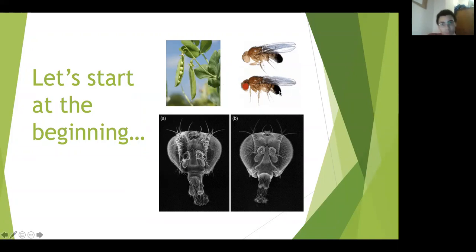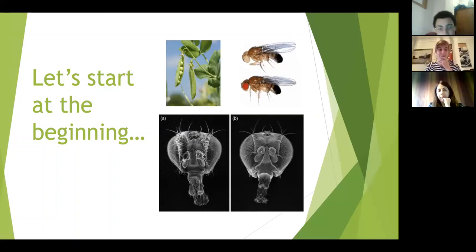Now, what is the difference between these 2 flies in the top right corner of the screen? This is the more obvious spot the difference question. What is the difference here? Red eye and white eye, fantastic. The other thing that happened early on in genetics, in the early 1900s, was that people learned that you could introduce random mutations in whatever was coding for inherited traits. At that point, we didn't know what DNA was.